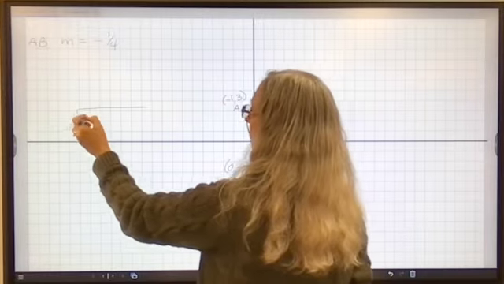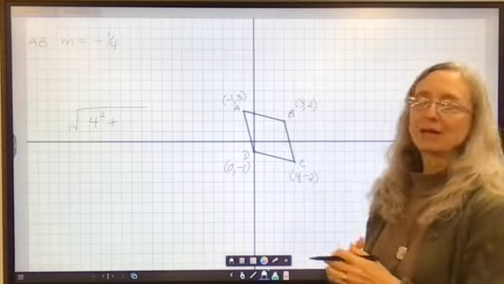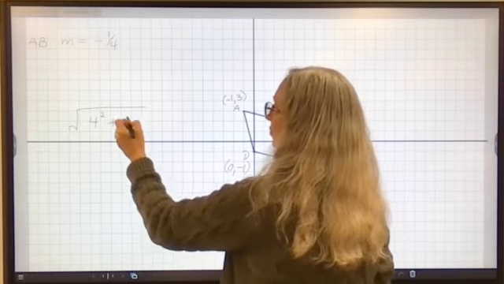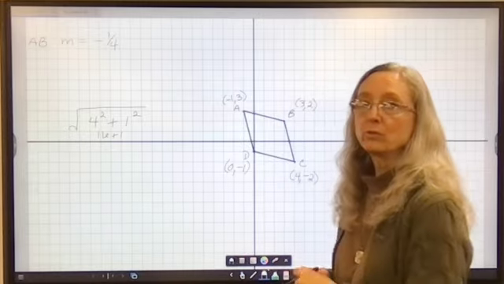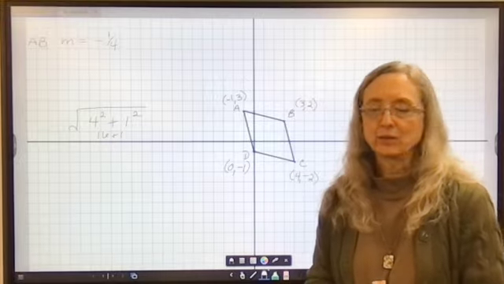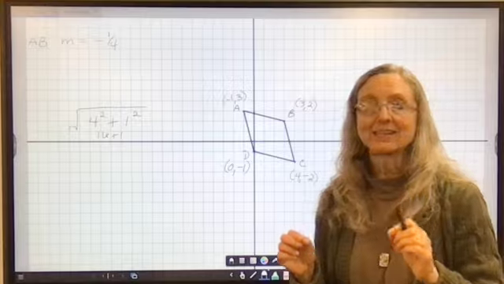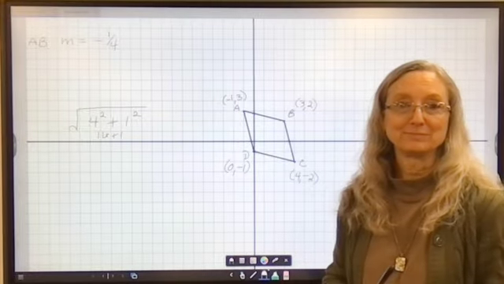So that's 4 squared, plus the difference between my y's, which is 3 and 2. 3 minus 2 is 1. So that's 1 squared. So that's 16 plus 1. Well, that's the square root of 17. I don't need to put that in my calculator. I just know its length is the square root of 17. So I'm going to note that as well.